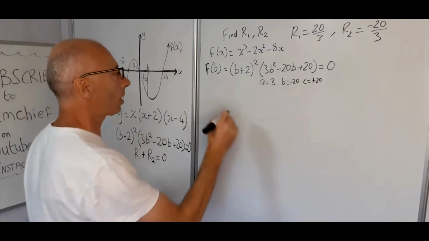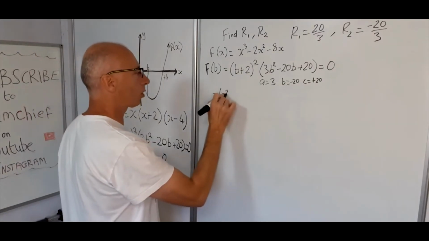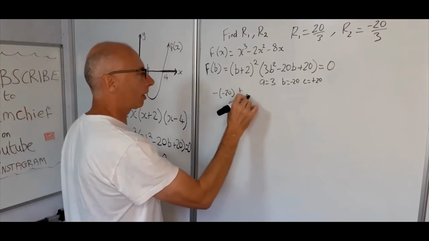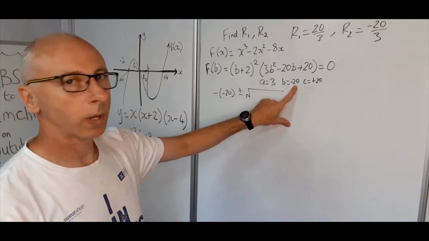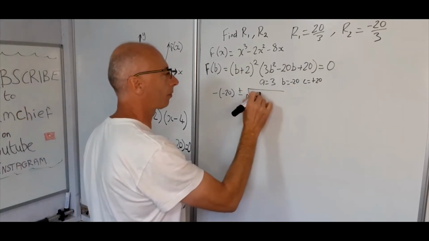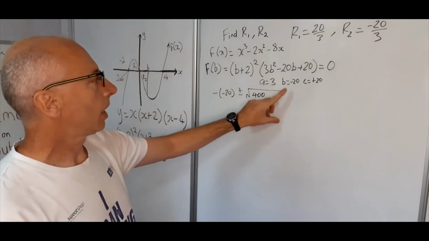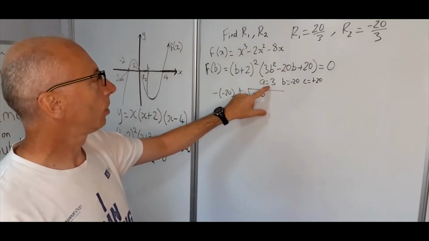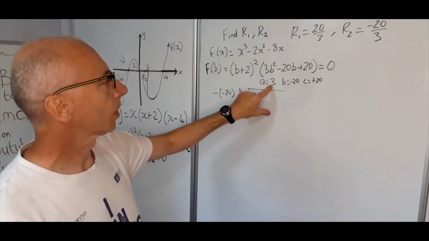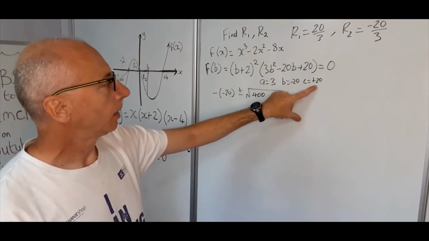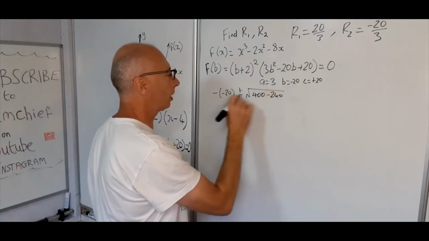Okay, quadratic formula, minus B, minus minus 20, plus or minus the square root, B squared, minus 20 squared is 400, minus 4 times A times C. So minus 4 times 3, that's 4 3s are 12, and 12 times 20 is 240, so it's minus 240.